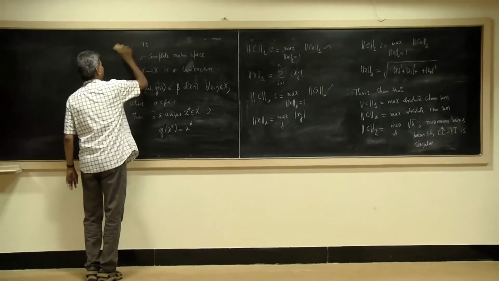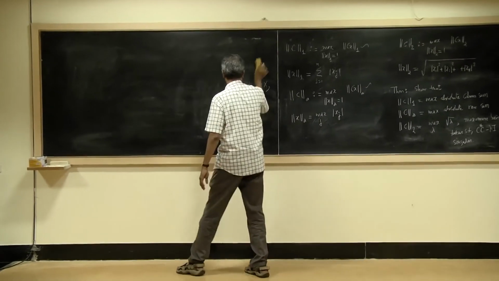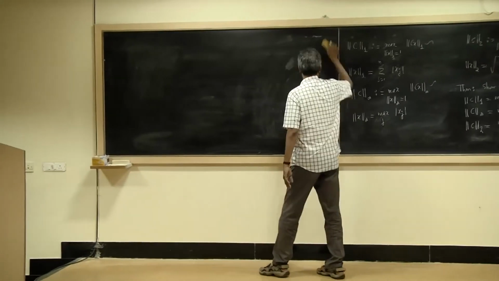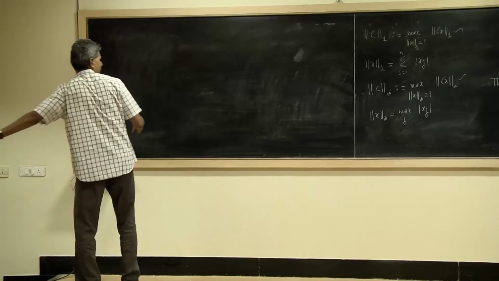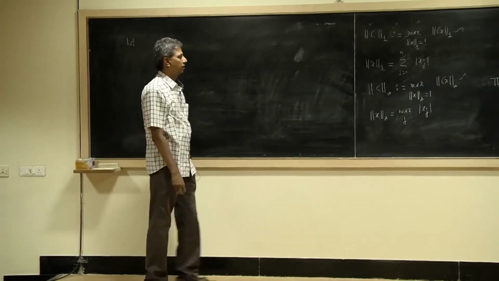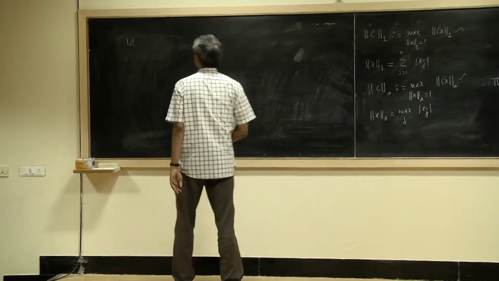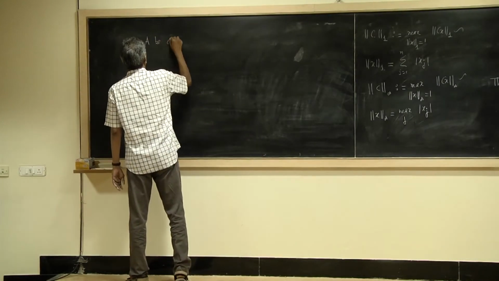The coefficient matrix is diagonally dominant. Let A be diagonally dominant.